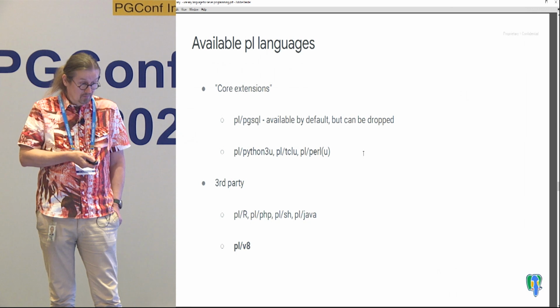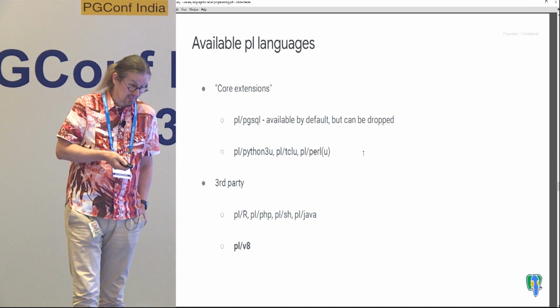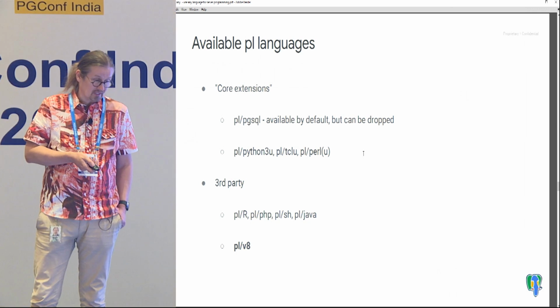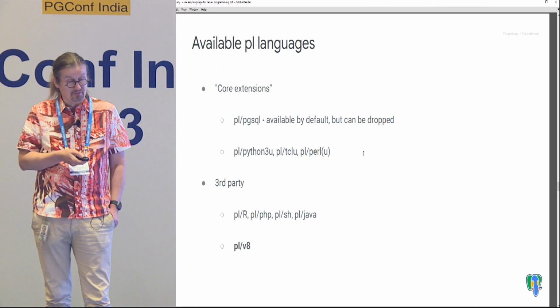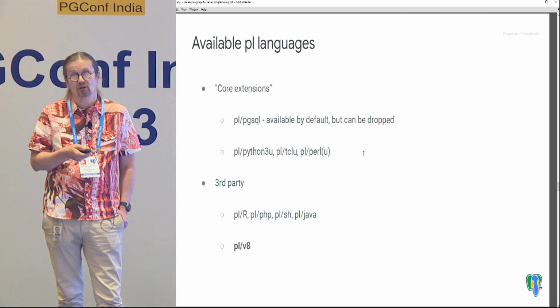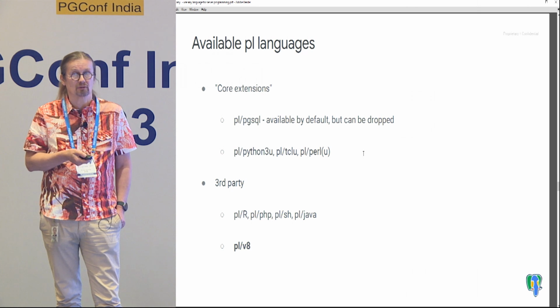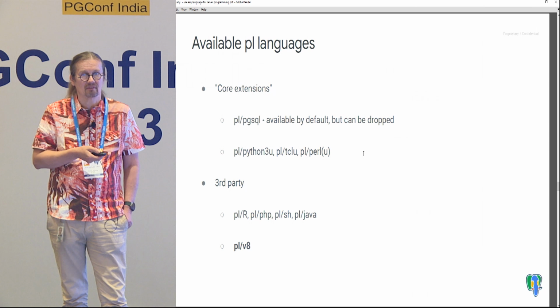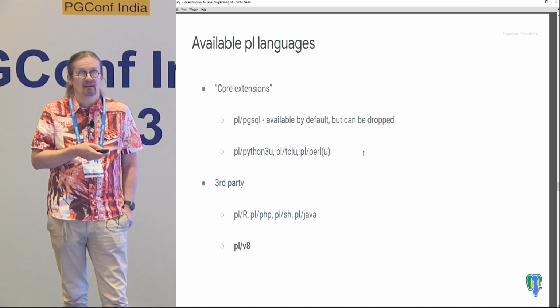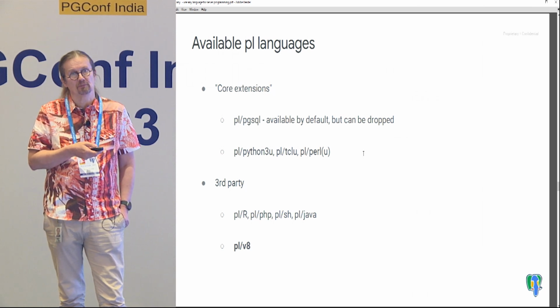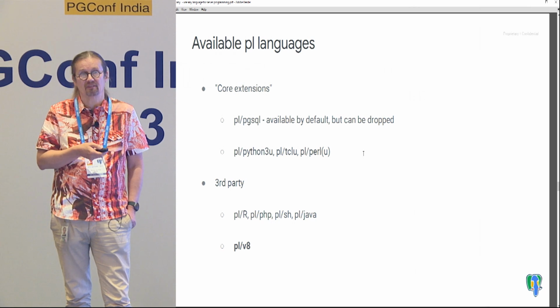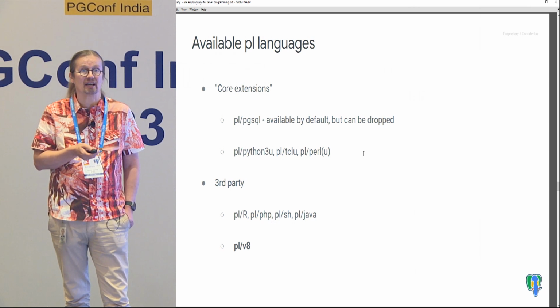So what PL languages are available? PL/pgSQL is something that is always included when you install Postgres. You can remove it if you think it's a good idea, but it's very, very seldom removed. Sometimes I have seen people thinking that maybe it's better to not have it.